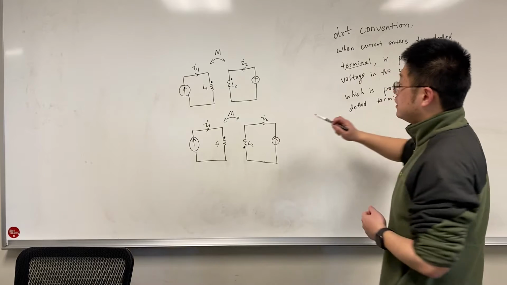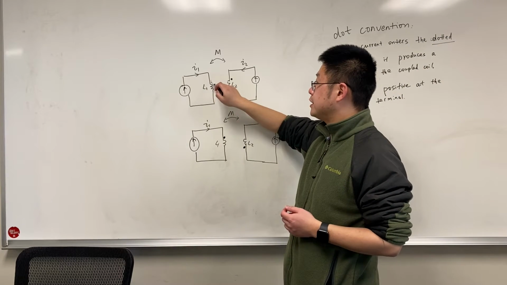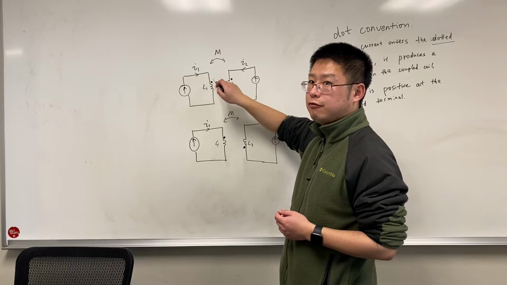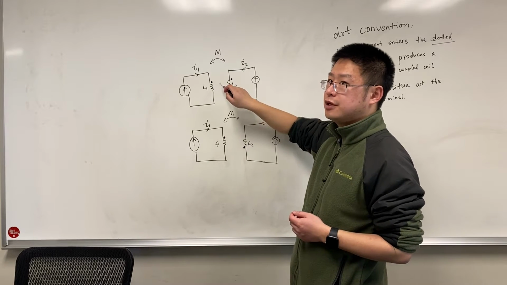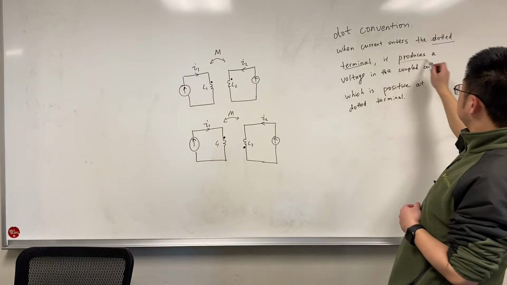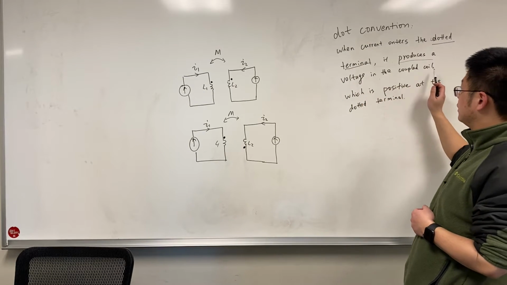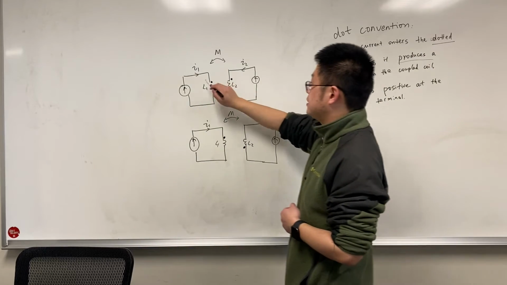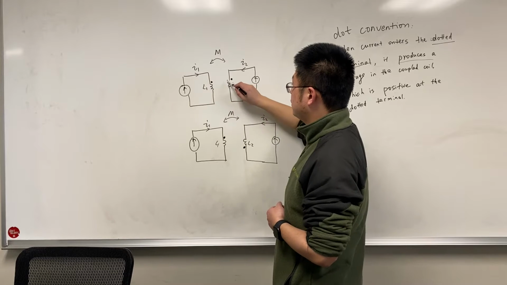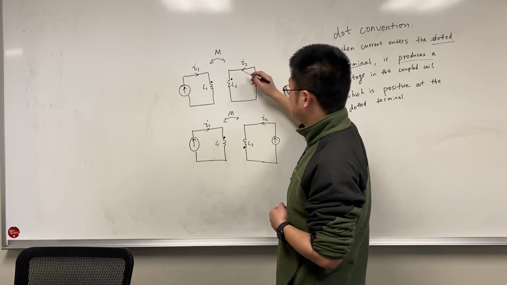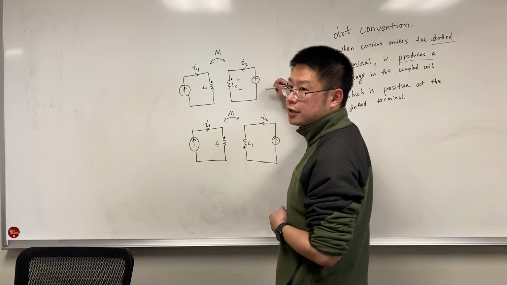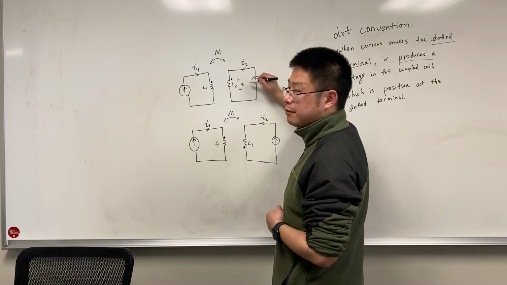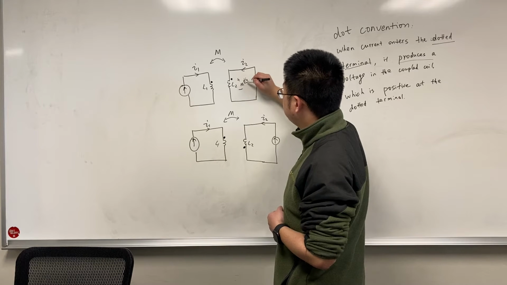So for the current I1, it enters the dot, so it produces a voltage in the coupled coil which is positive at the dotted terminal, and its voltage is M times di1/dt.